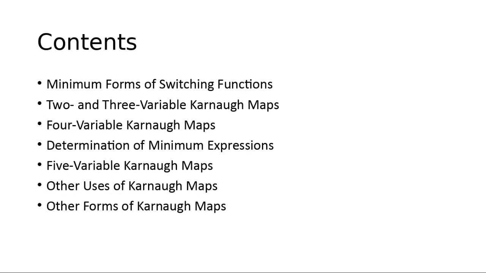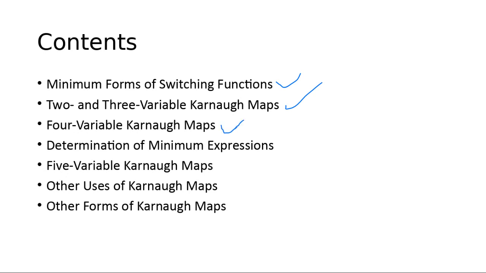Let's start the Karnaugh map. We will learn in this class the minimum form of switching functions, and we will learn 2 and 3 variable Karnaugh maps. We will learn 4 variable Karnaugh maps.